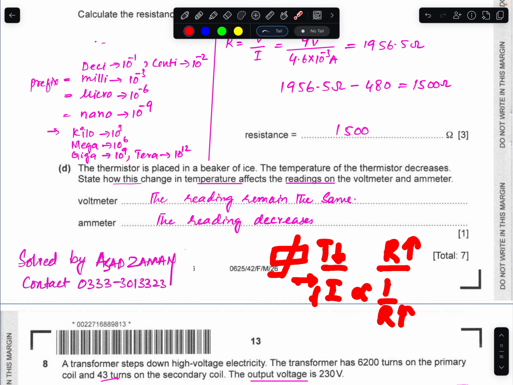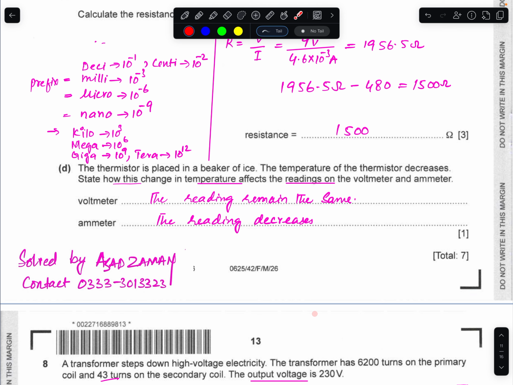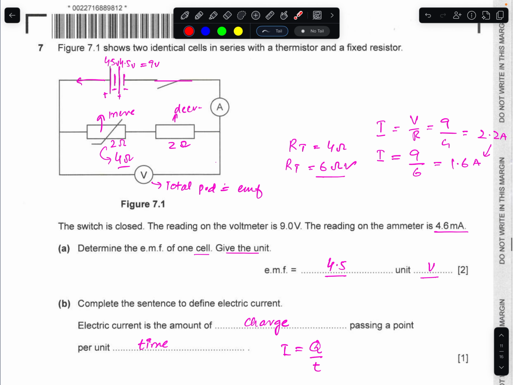Resistance increases, current decreases. But what about the total voltage? The voltmeter is still showing the total voltage. The total voltage would not change. It will still be 9 volts. Although, because voltage and resistance are proportional, if the resistance is increasing, then the voltage across the resistor is increasing.